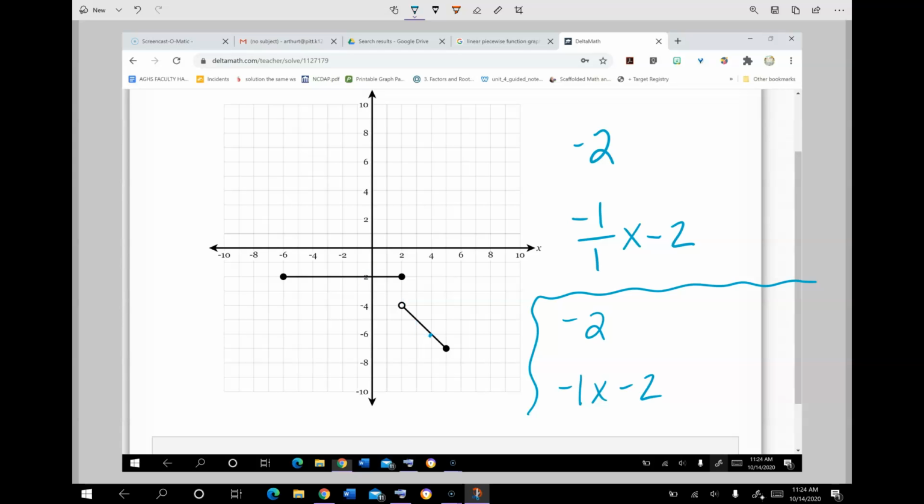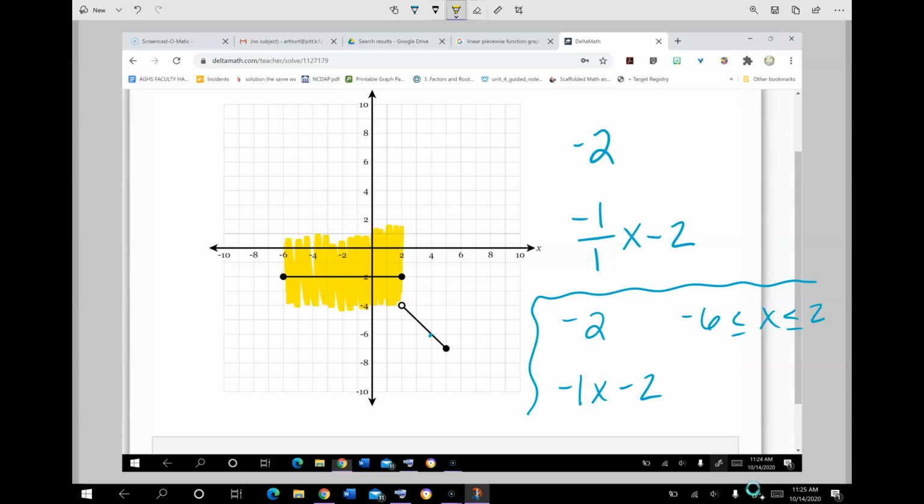Let's get our domains. This one starts at 2. What are my x's between? My x's are between negative 6 and 2. Remember the small number comes first? So negative 6 and 2. Less than. They're both closed, so they both get a bar.